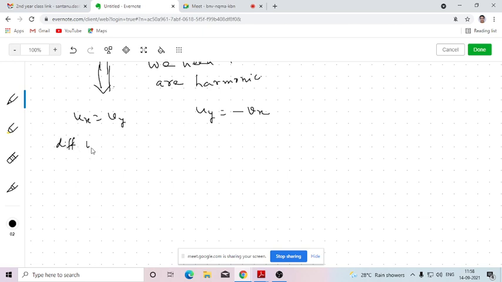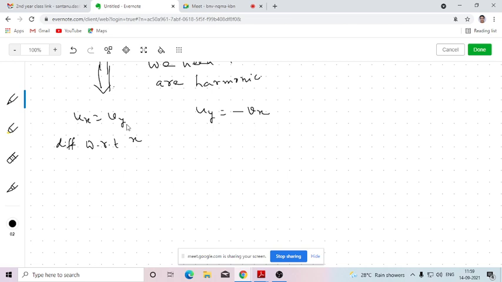So differentiating this with respect to x. If I differentiate this equation on both sides with respect to x, what will we get? ux and vy are both functions of x and y.